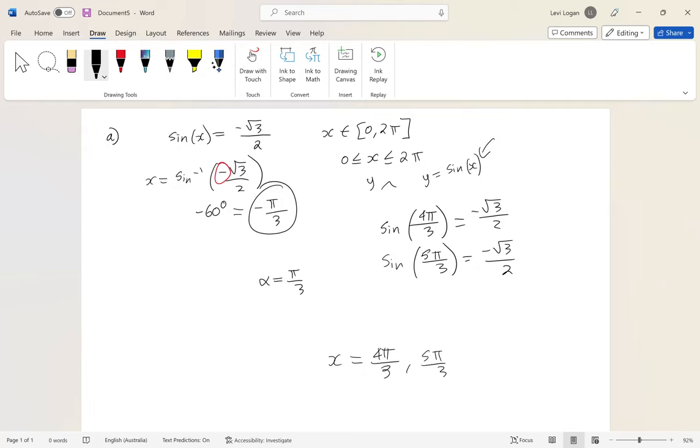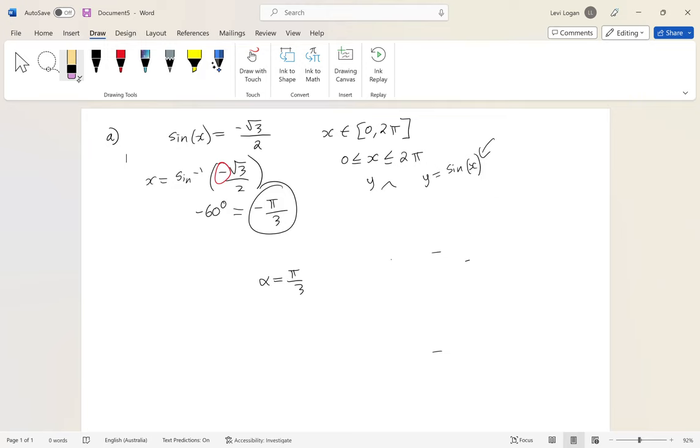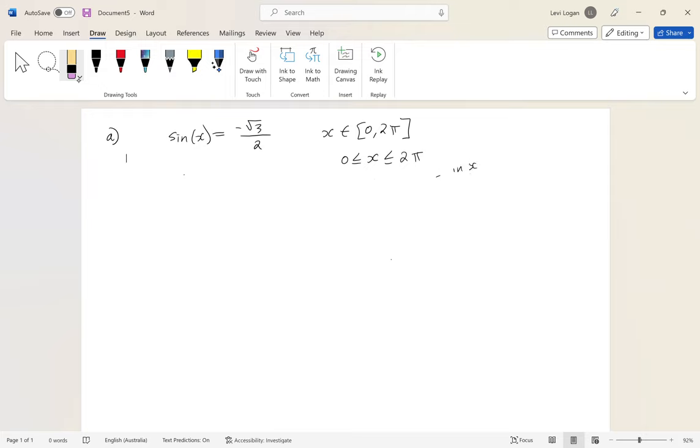Let's go on to a different one that's pretty similar to this, but just a tad more complicated. In that equation, we didn't really deal with any translations. Basically this equation here is pretty much this equation here, sine x plus root 3 over 2.